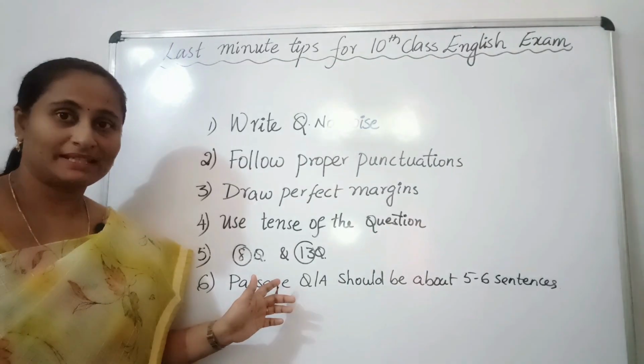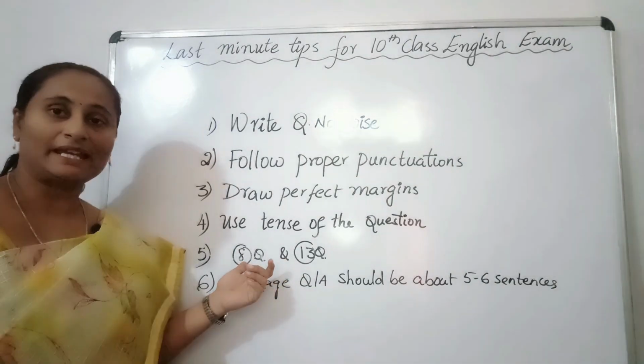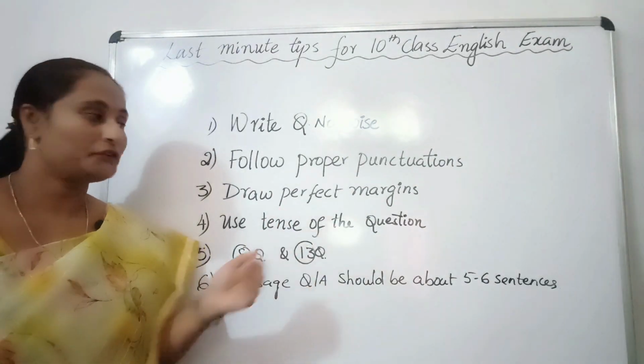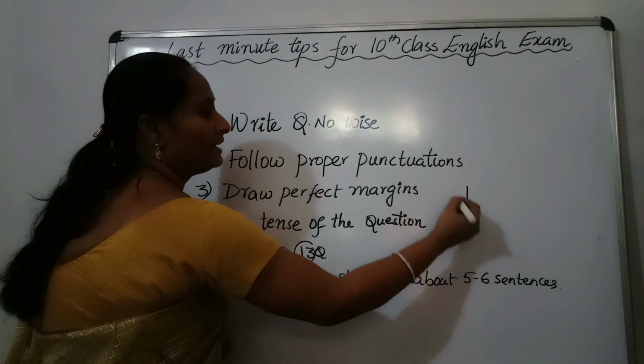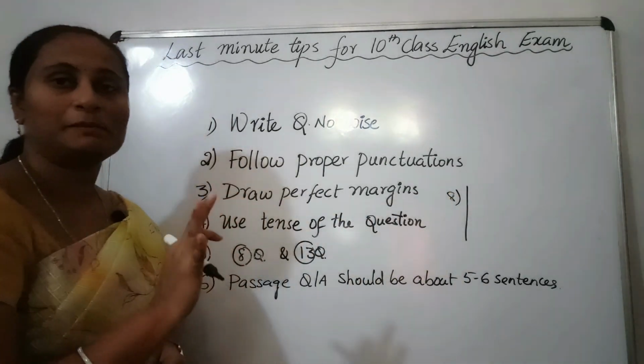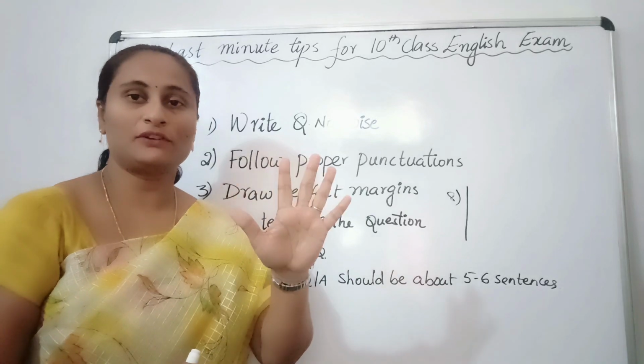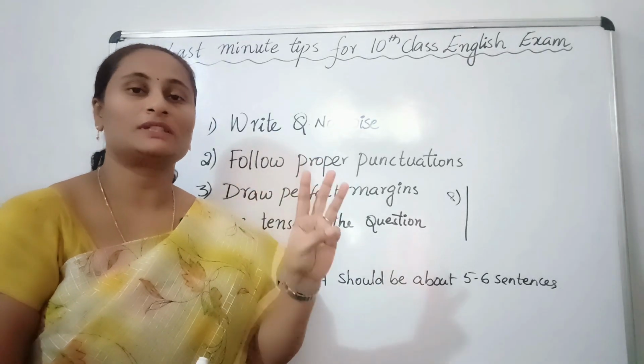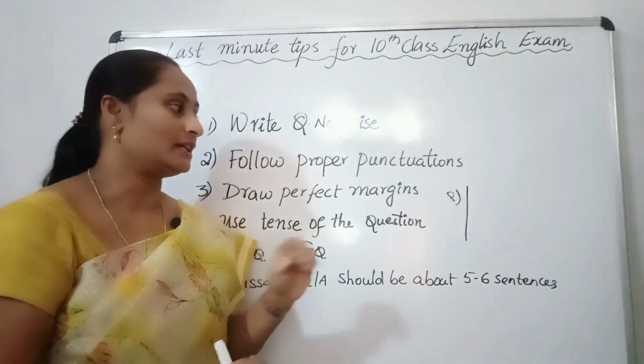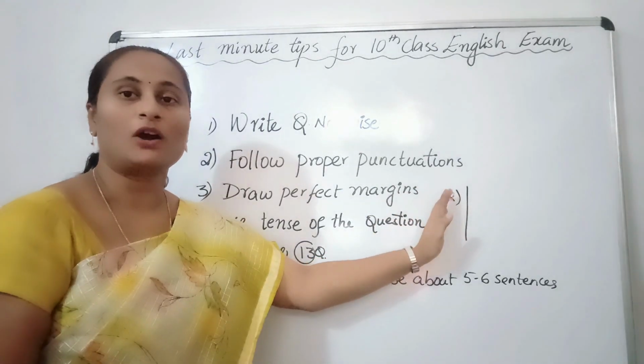When coming to the next tip, question number 8 and question number 13, how you are writing. In question number 8, they'll ask you to find out the true statements in the given sentences. They will give 5 options and ask you to find the 3 true statements. The question number should be outside the margin.